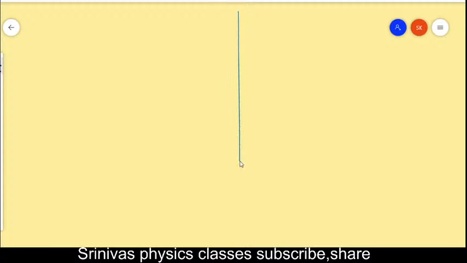How the potential barrier is formed, that I explained. Potential barrier means what? Potential barrier is the potential difference across the barrier.